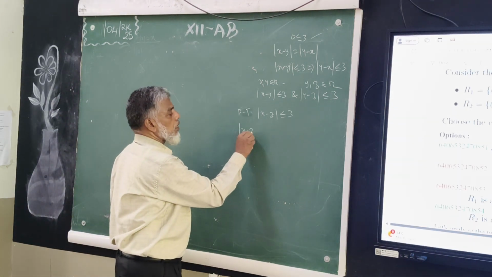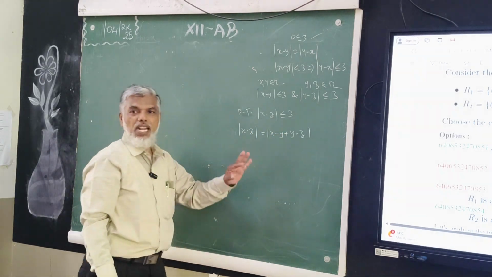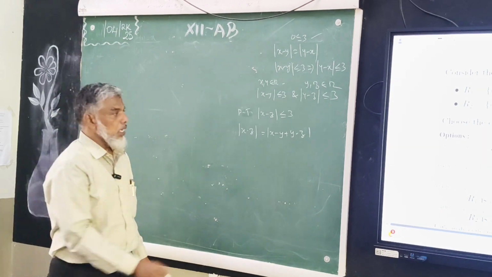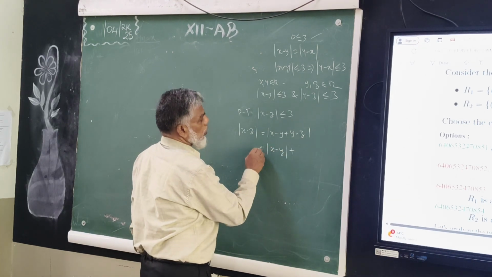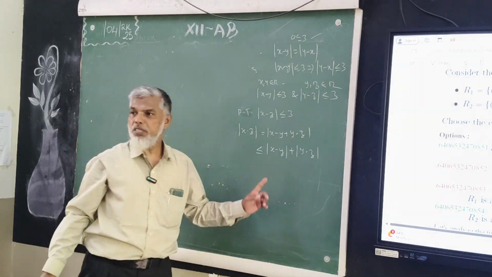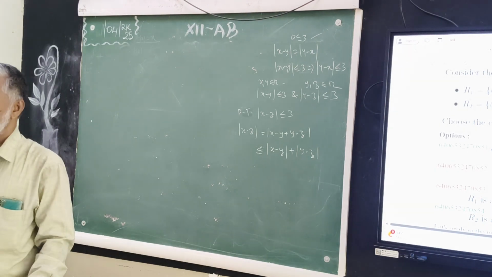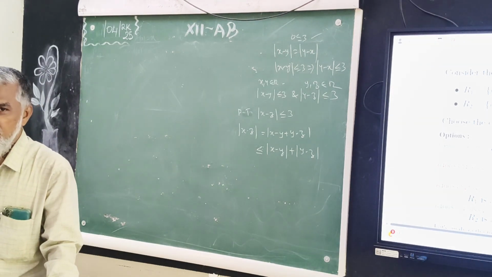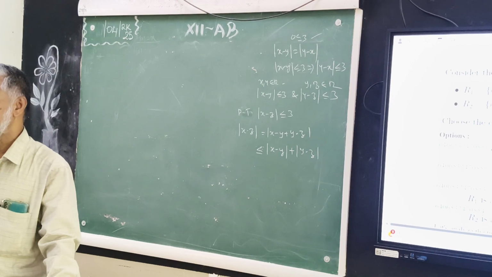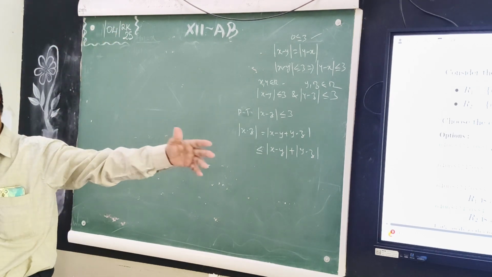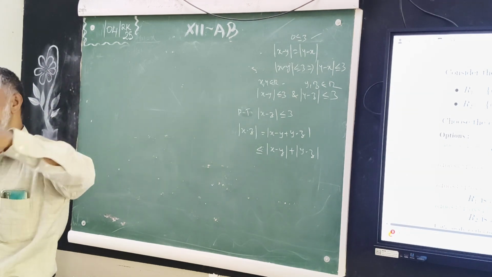What is x minus z? It can be written as (x minus y) plus (y minus z), just adding and subtracting y. And modulus of this is less than or equal to modulus of x minus y plus modulus of y minus z. What inequality have I used here? A very famous inequality you studied in +2, the triangle inequality in complex numbers. We studied it somewhere, but we are using it in functions. That is the beauty of mathematics.